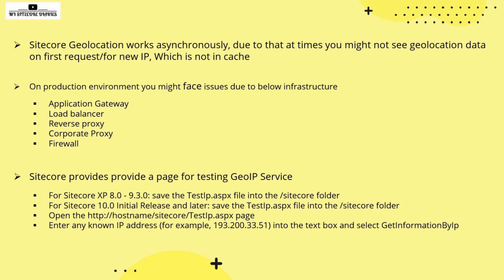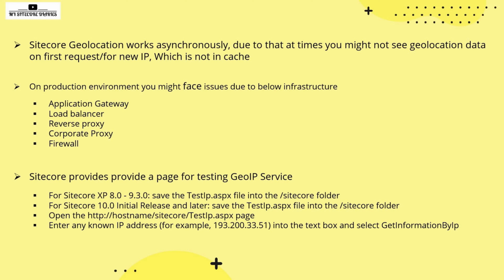You can save the test ip.aspx page in the Sitecore folder and test with it. From the 10.0 initial release onwards, you will have the test ip.aspx file in the Sitecore folder, and you can open it like hostname/sitecore/test ip.aspx.